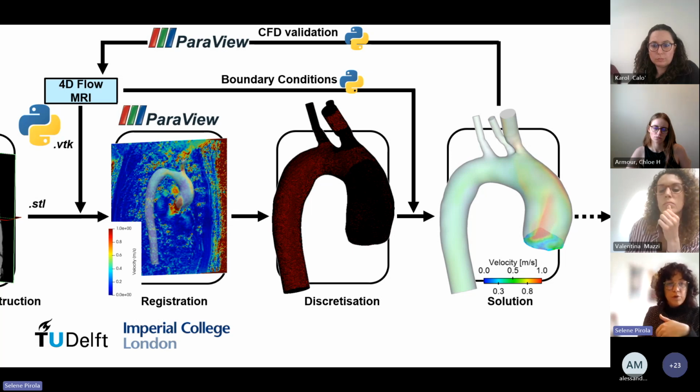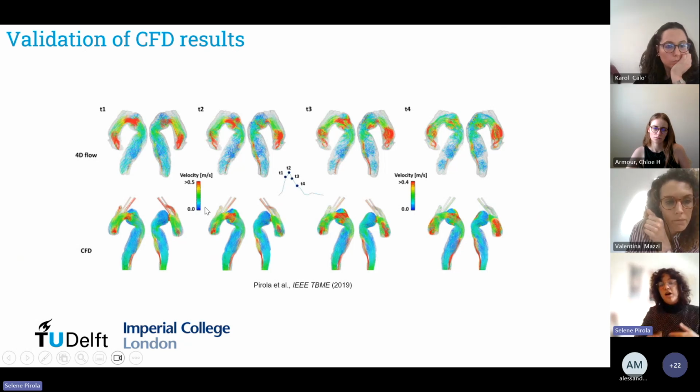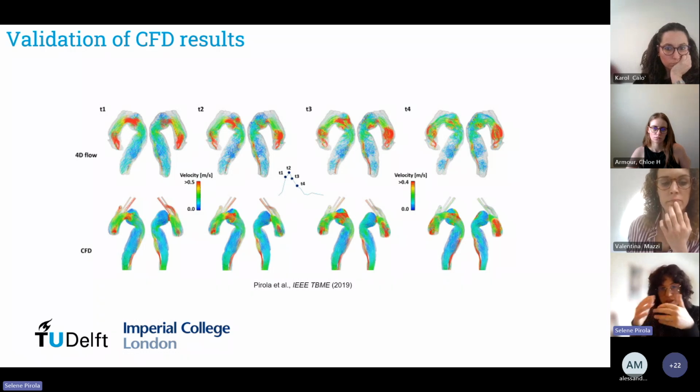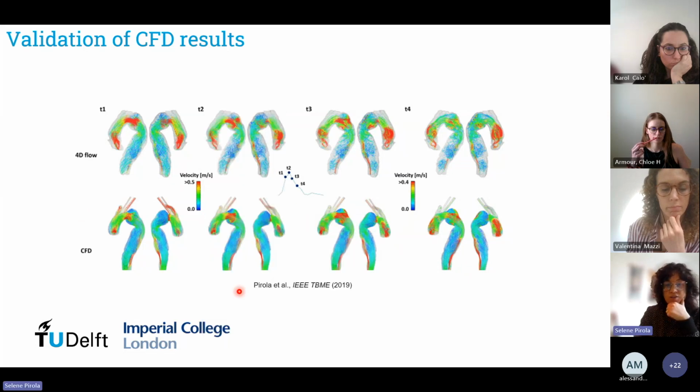Then, of course, we move to post-processing once we're confident that our model reproduces to the best of our capabilities the reality. So here I have a couple of examples of how we have been doing this in the past. We started back in 2019, where we could only do a very qualitative comparison between our CFD results and the 4D flow MRI data.